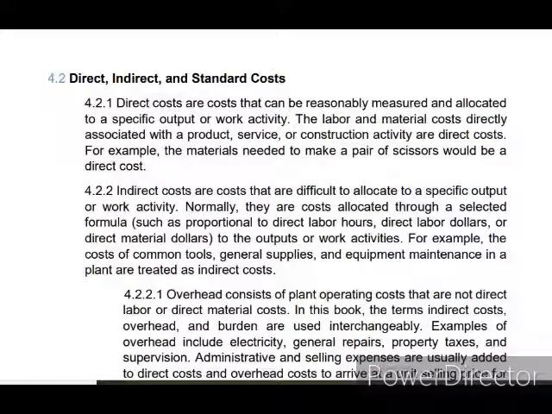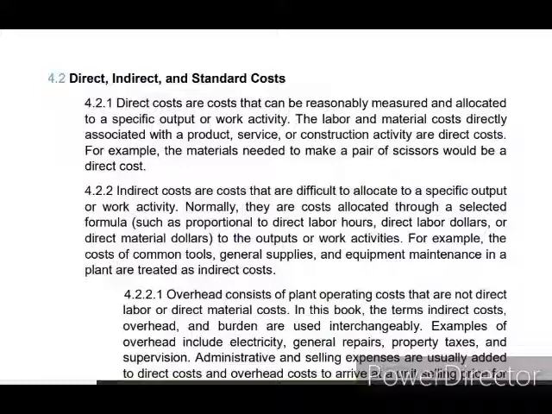So let's go to 4.2, direct, indirect, and standard cost. 4.2.1, direct costs are costs that can be reasonably measured and allocated to a specific output or work activity. The labor and material costs directly associated with a product, service, or construction activity are direct costs.